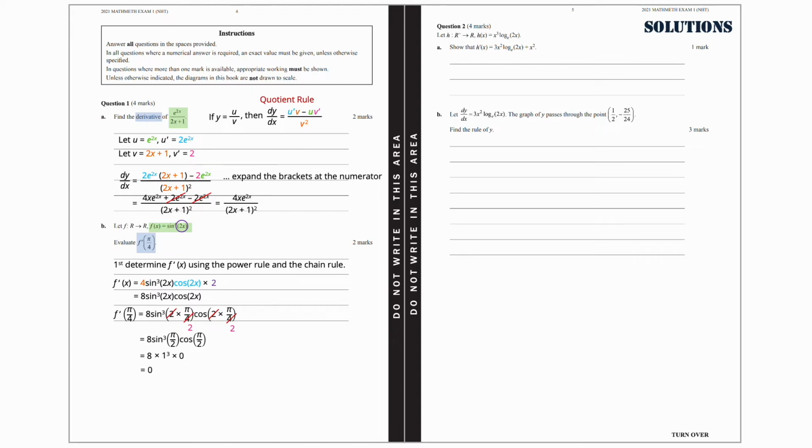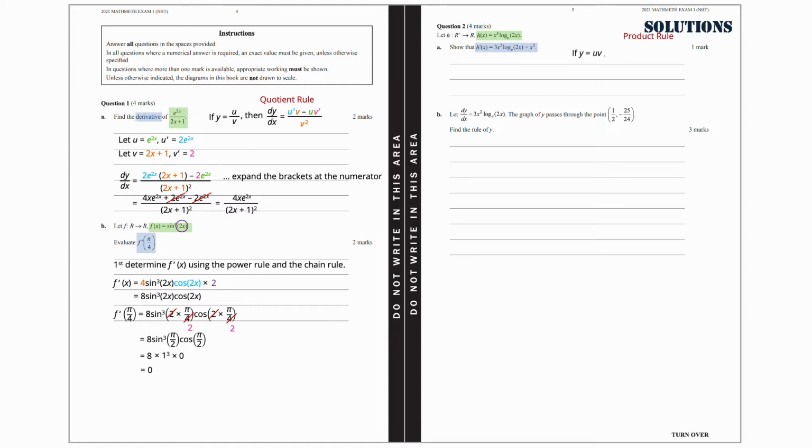Question 2. Consider the function h of x equals x cubed log in base e of 2x. Part A. Show that h dash of x equals 3x squared log in base e of 2x plus x squared.